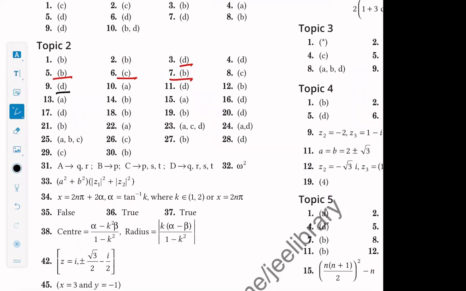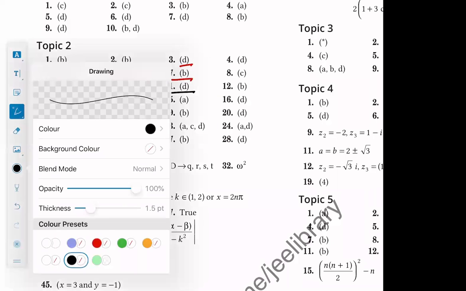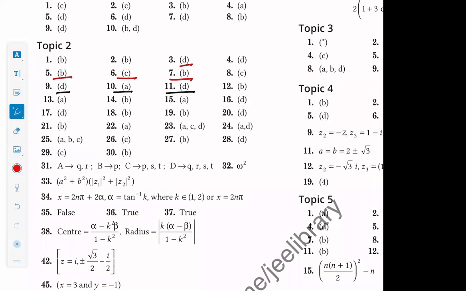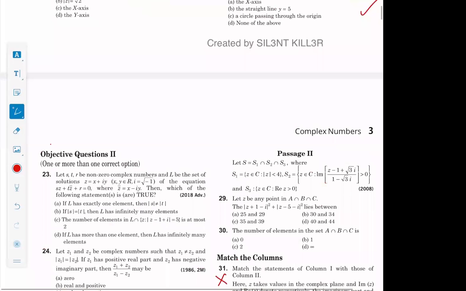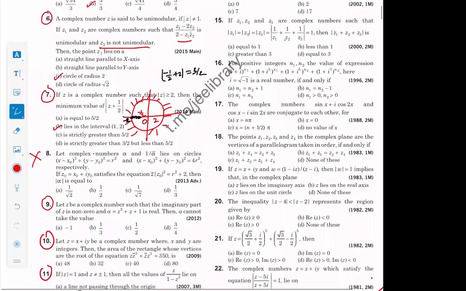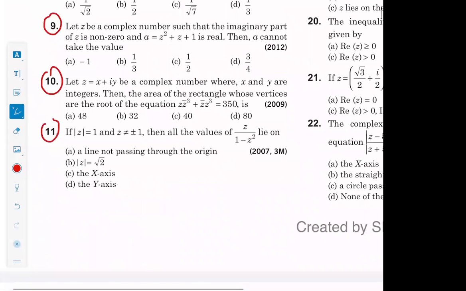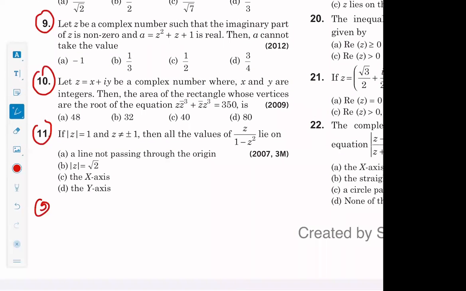Ninth answer is D. So, see question number 9. Let z be equal to x plus iy. So, z square will be (x minus iy) whole square plus x plus iy plus 1.